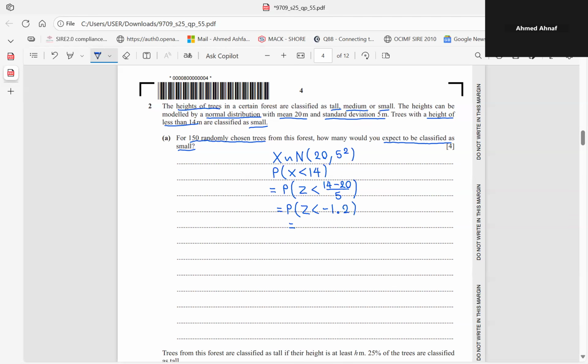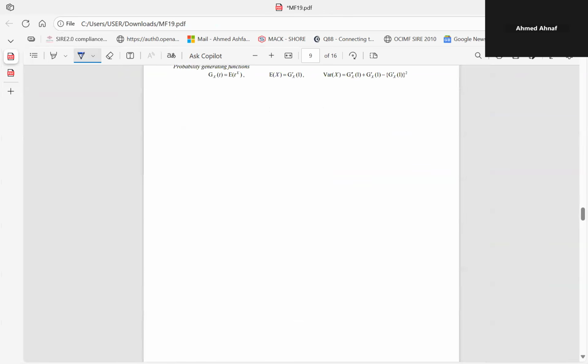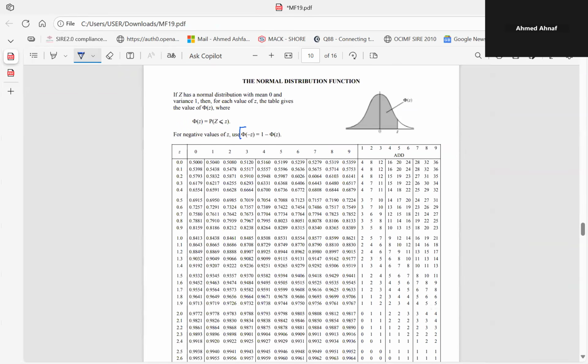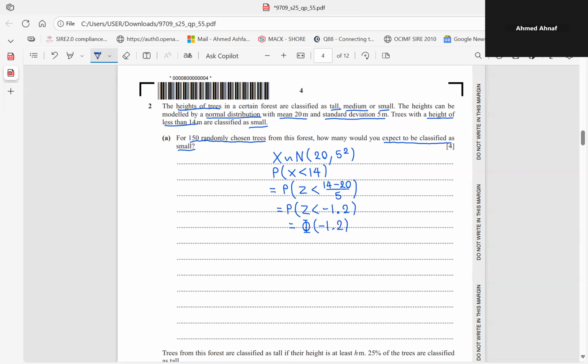And then this is phi, you can write this as phi of minus 1.2. And in our formula sheet, we can use this relation to rewrite it as 1 minus phi of 1.2.